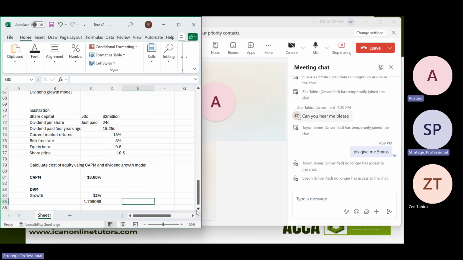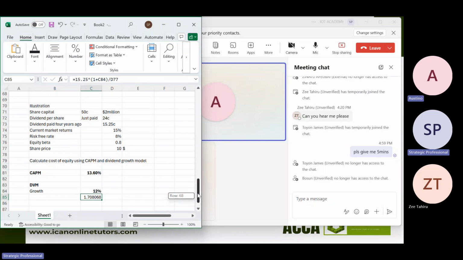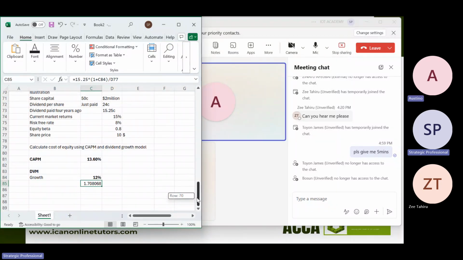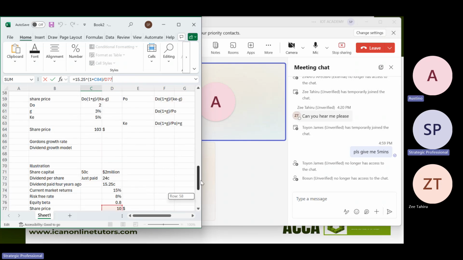This question was actually for something else, but I just wanted us to see how we can use DVM to calculate cost of equity, right? So we're just assuming the share price is 10. This divided by P0, P0 is 10. That's the assumption in this question. So let's continue. We close the bracket.